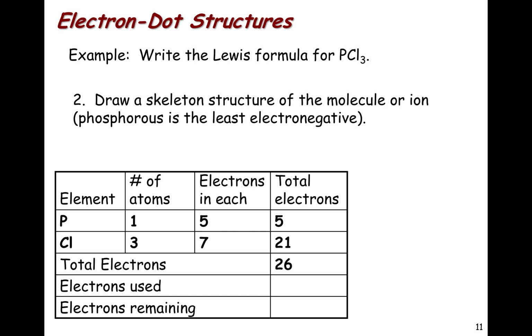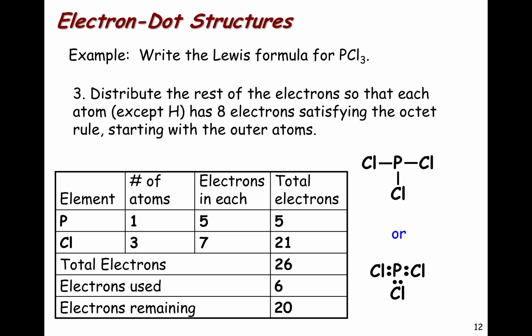At this stage now, we're going to draw the skeleton structure, and so the phosphorus is the central atom, and we're going to connect the 3 chlorines to that central atom, forming bonds. In this case, we have used the 6 electrons to form the bonding pairs of electrons. So we're going to subtract those 6 electrons from the total. There are therefore 20 electrons remaining.